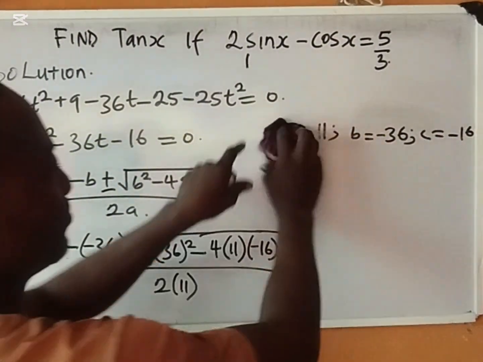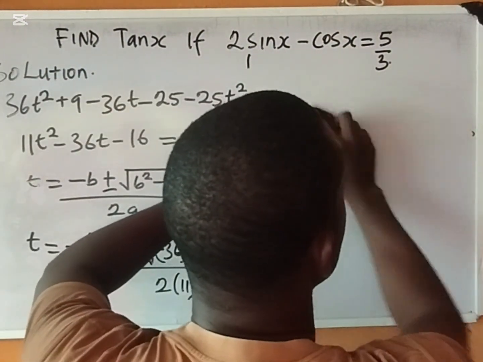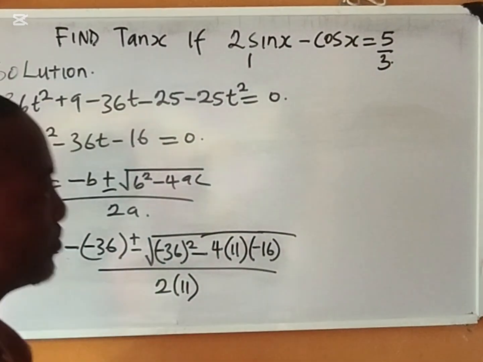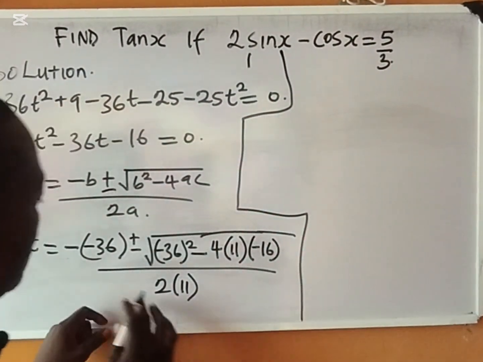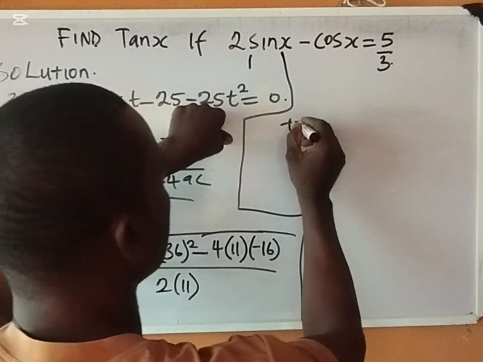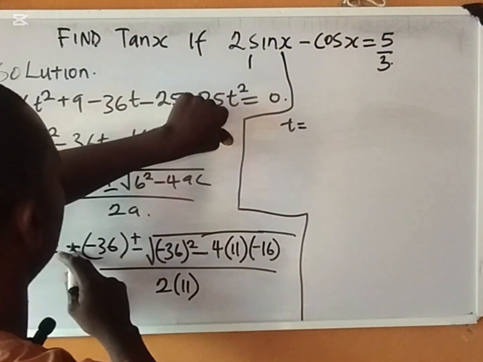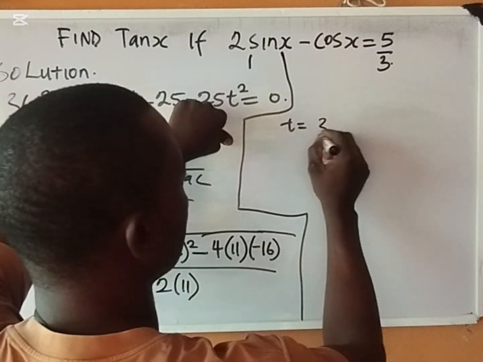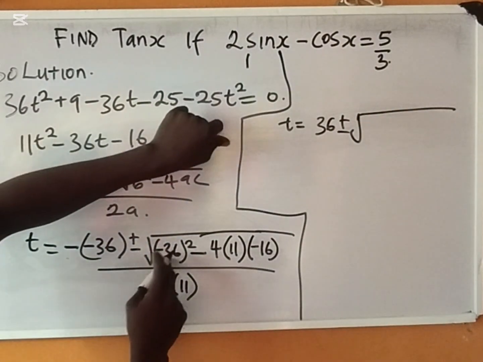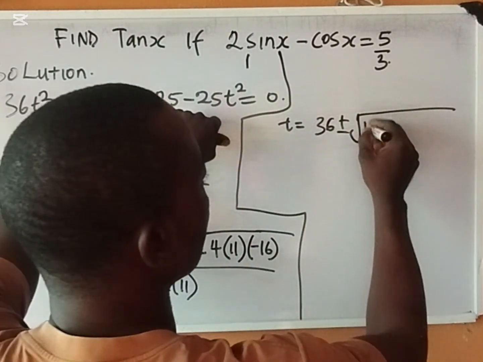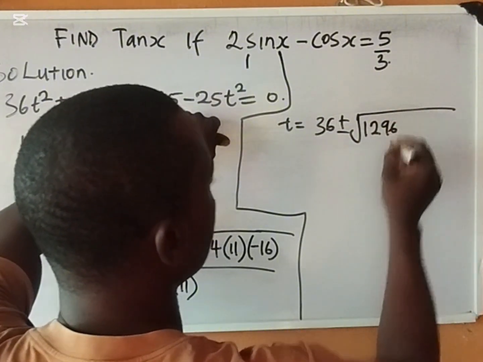Okay, let me take off this one. So from here now, t will be equal to minus minus 36 is 36 plus or minus root of minus 36 squared is 1296.